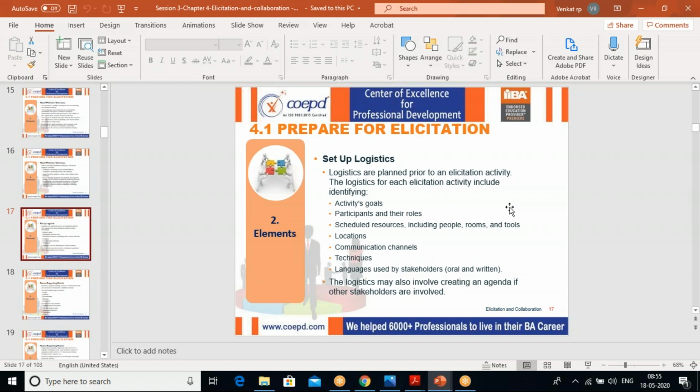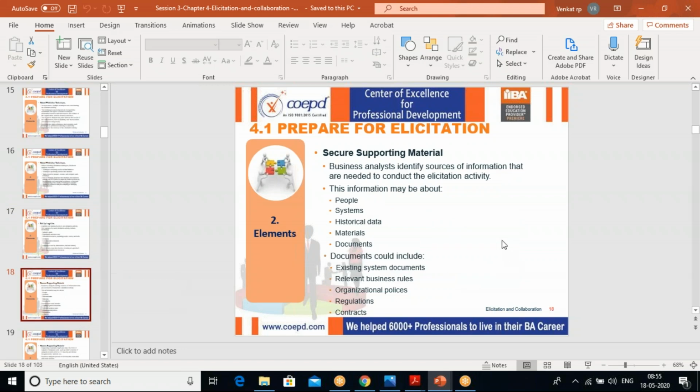Let me say if you want to take inputs from the CEO of the company, then you plan it in one way. Or let me say you want to take inputs from a team member who is using this particular application and is facing a challenge, and you want to understand his concern, then it is done in another way. So there will be multiple ways of doing things. So before we set up the logistics, this needs to be considered.